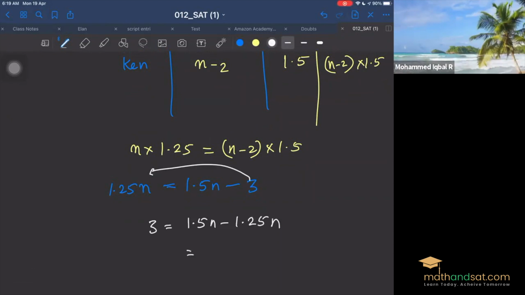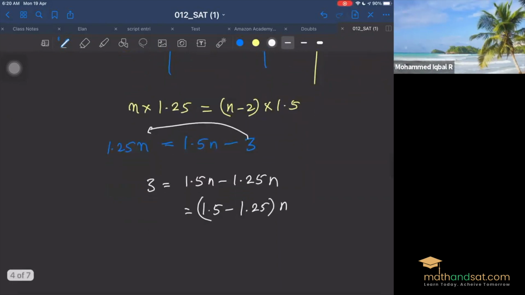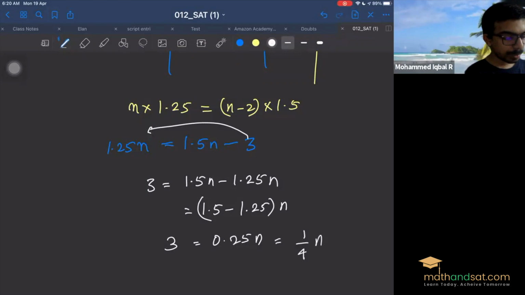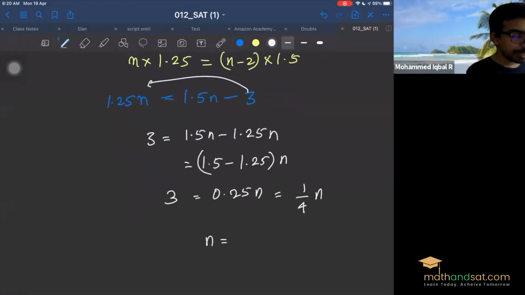So what do we have here? 1.5 minus 1.25 times n, which is 0.25 times n. And remember, 0.25 is a quarter, right? This is 1 by 4 times n. So your n will be 3 into 4, which is 12.